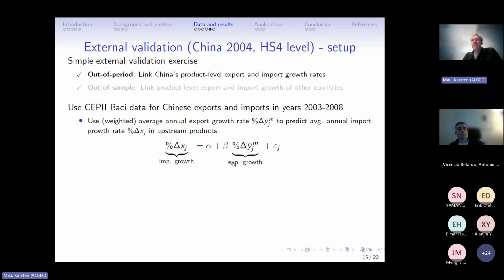So basically we have a weighted average of export growth rate that differs across inputs J based on the score that we have identified beforehand.